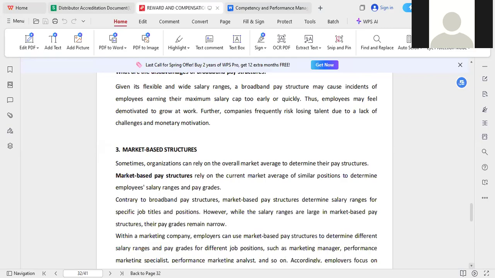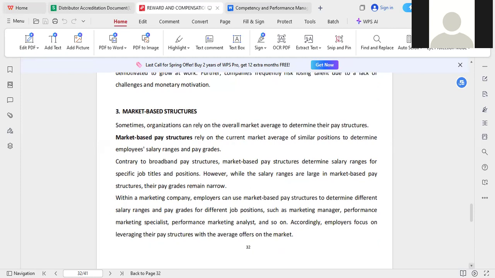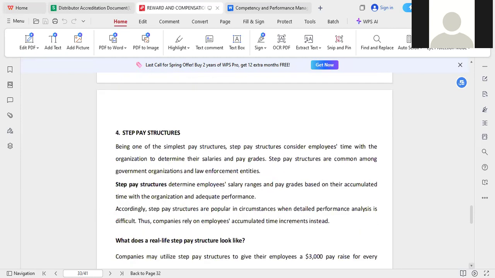Then we have the market-based structure. Sometimes organizations rely on the overall market average to determine their pay structures. Market-based structures rely on the current market average of similar positions to determine employee salary. So they consider what is going on in that field and that area to be able to determine. Then we have step-by-step pay structures, which are very simple pay structures that consider employees' time with the organization to determine their salaries.